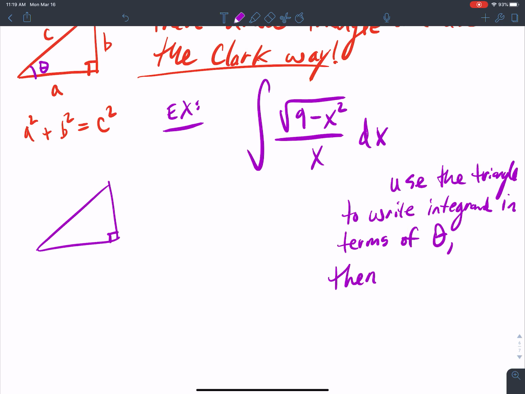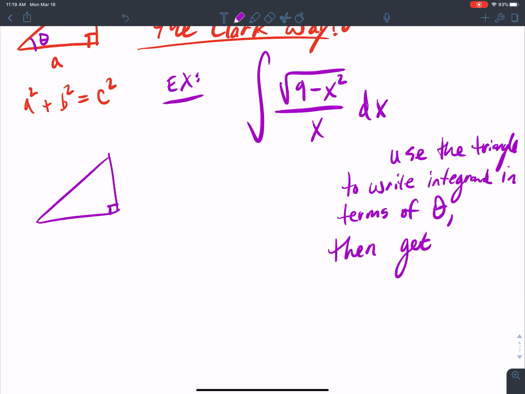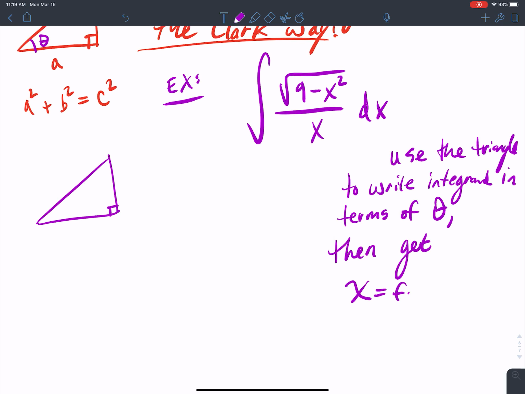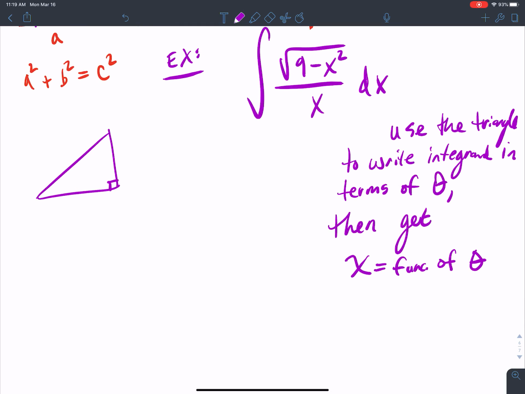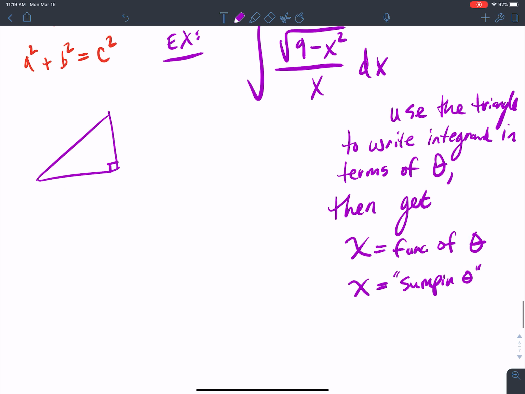Then I want to get a function x in terms of theta. That way, I have x equals something in terms of theta. But when I take the derivative of x, I get dx equals some function in terms of theta times d theta. That's what I'm going for, so that I can make my substitution.